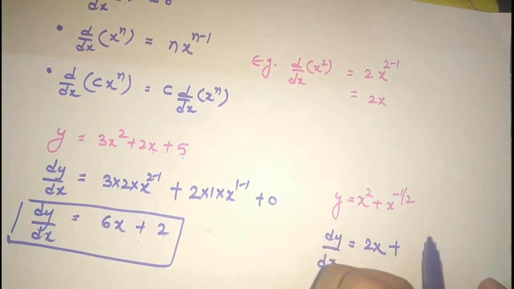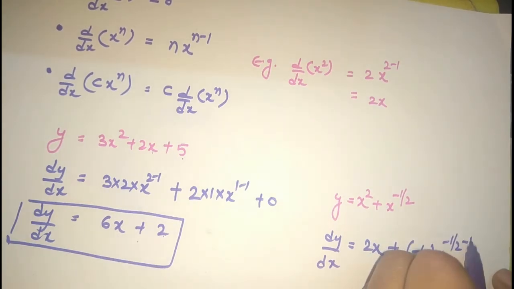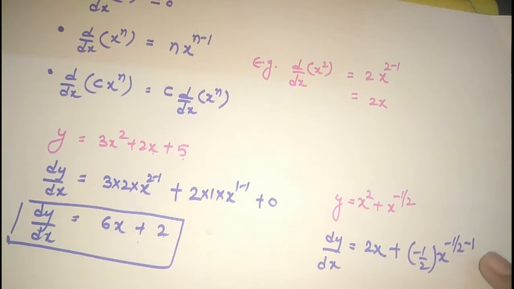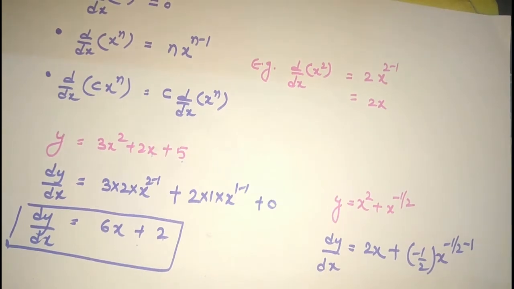Bring the exponent in front, that is minus half into x raised to power minus half minus 1. Minus half minus 1, because we have to reduce the exponent by 1. So it becomes 2x minus half, and by taking the LCM of the exponent we have minus 3 by 2. So this is the derivative.